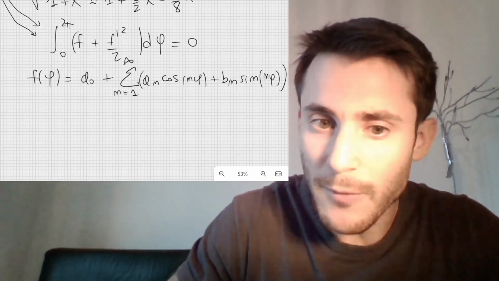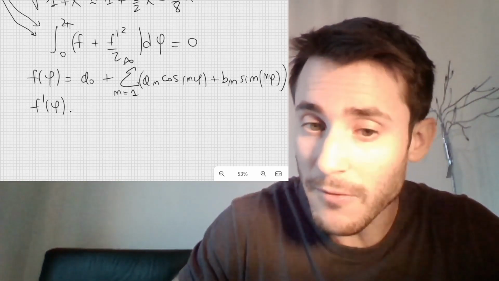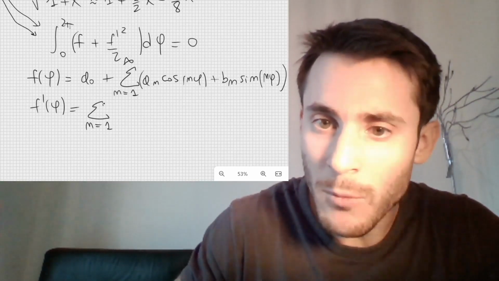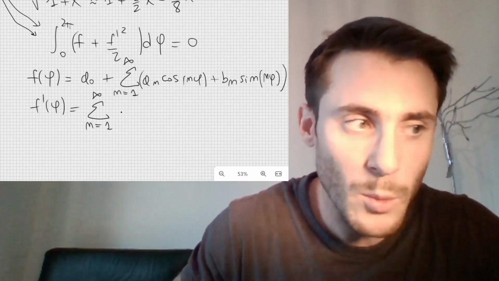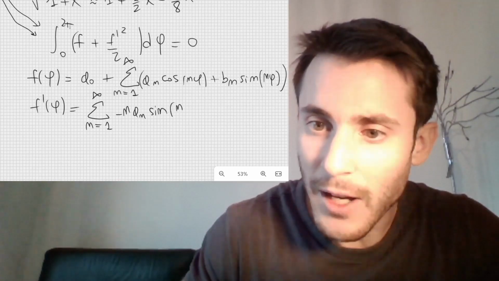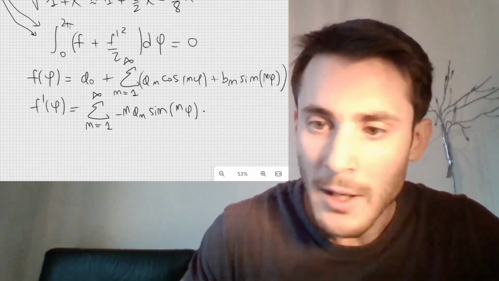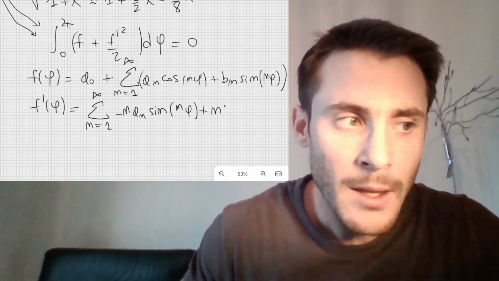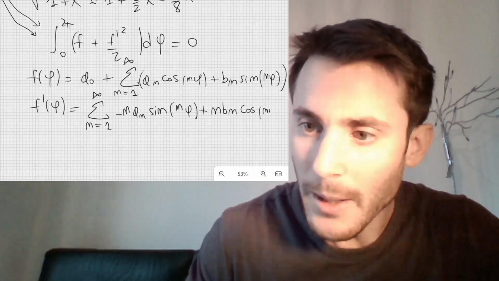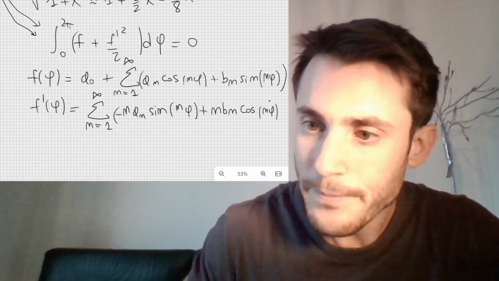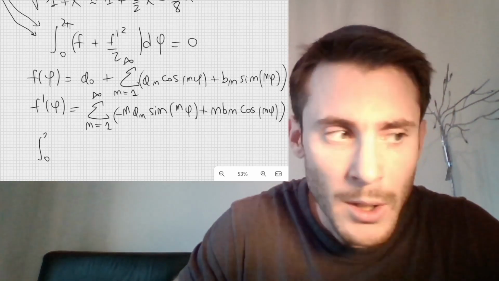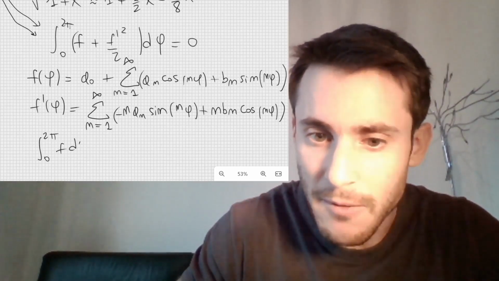And of course, if we take the derivative of f of phi, we get summation over n from 1 to infinity. Here we have minus n an sine of n phi, and then we have plus n bn cosine n phi, like this.